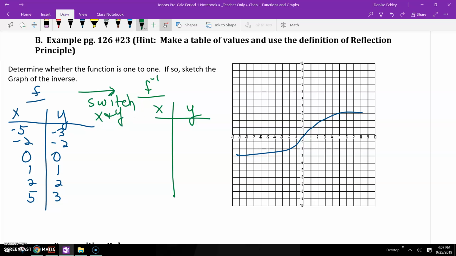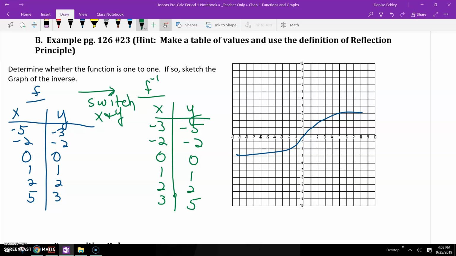So now our x's are going to be -3, -2, 0, 1, 2, 3. And our y's are going to be -5, -2, 0, 1, 2, and 5. So now we can plot those points, and we'll have our inverse function sketched.